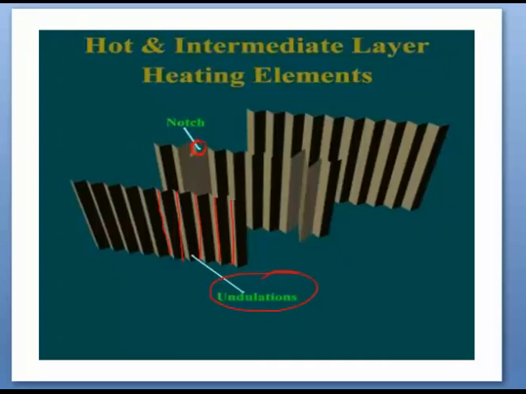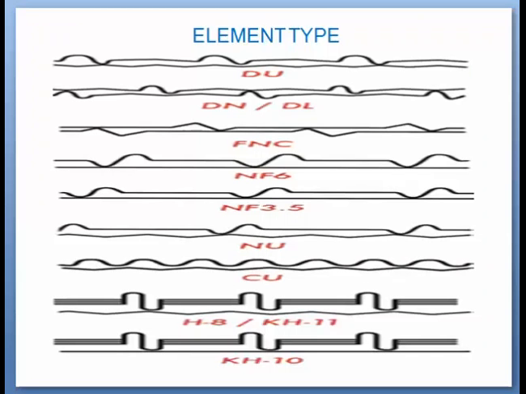Now we will see the heat absorbing element types. They are selected on the basis of certain requirements. The first is the heat transfer requirement, how much heat transfer is required. Then how much pressure drop is allowed, and the third is ease of cleanability.